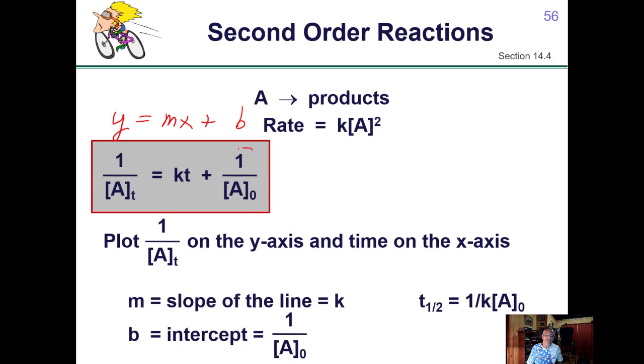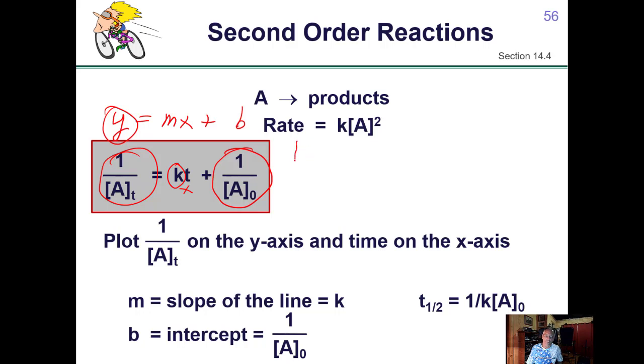In this case, the y-intercept is the inverse of the starting concentration. x is still time t, that's still the x value. And then m, which is the slope of our straight line, is equal to the rate constant. And on the y-axis, we have the inverse of the concentration at time t.